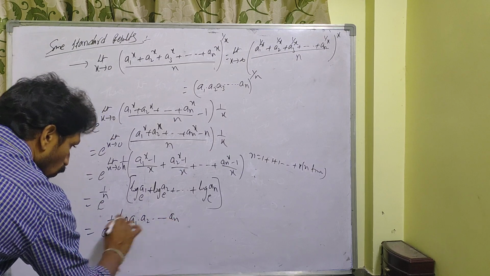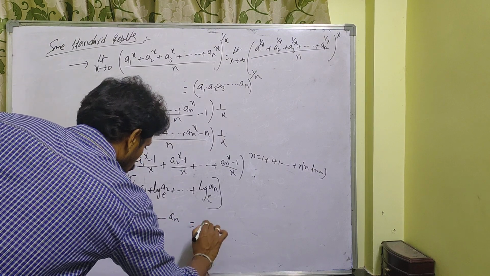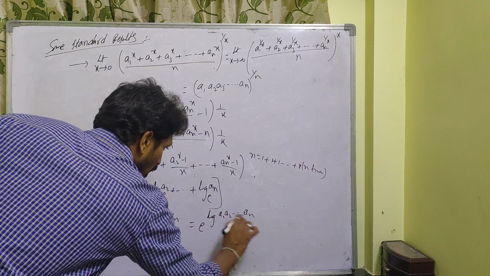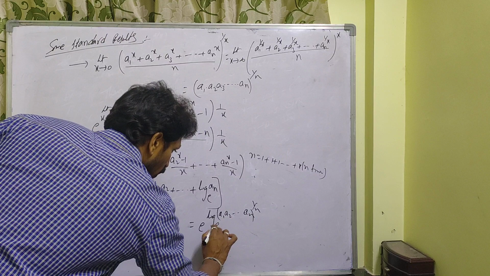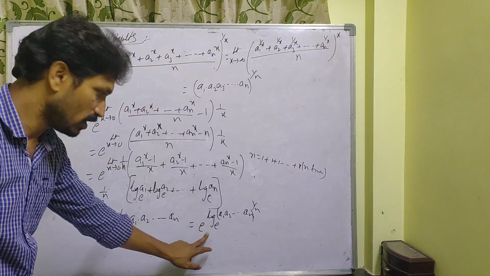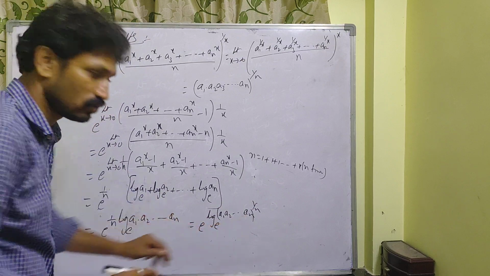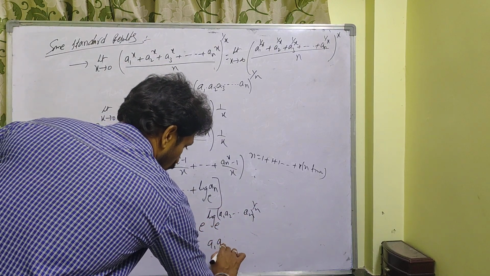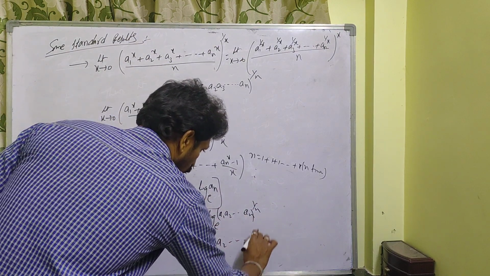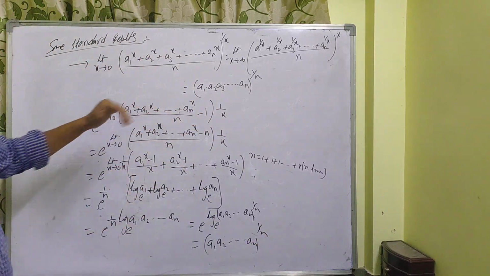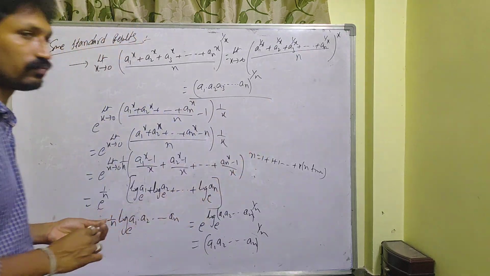This 1 by n you can write as a power: log of a1, a2 and so on, an whole power 1 by n base e. So if these two are the same, this is e, this is e. So this value is nothing but a1, a2 and so on, an whole power 1 by n.